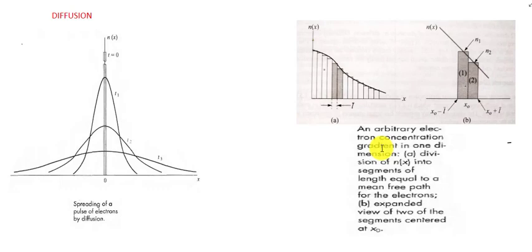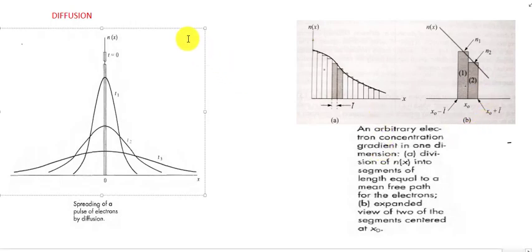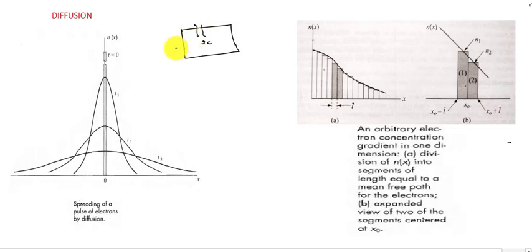Now we will consider the spreading of electrons in a semiconductor. We are considering a semiconductor in which excess carriers are generated, or we are injecting a pulse of electrons into this semiconductor.